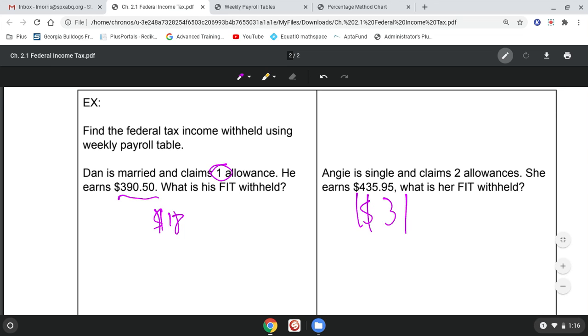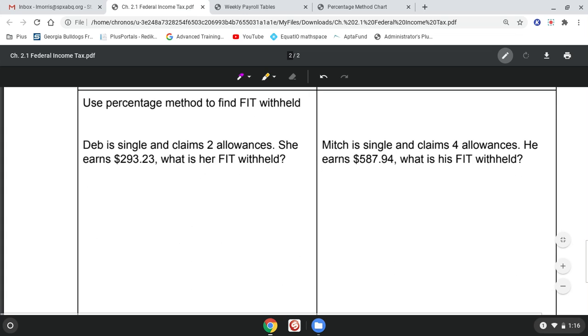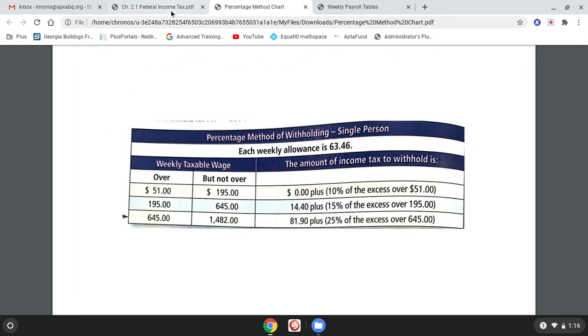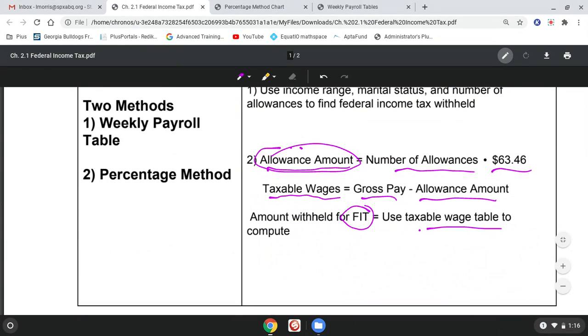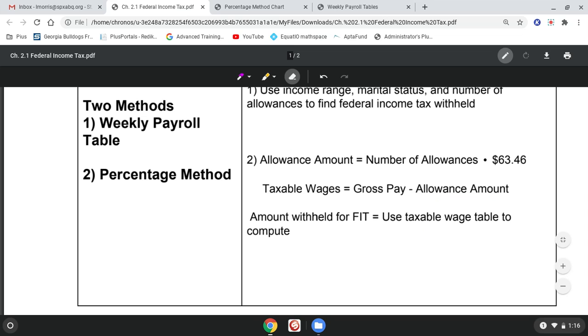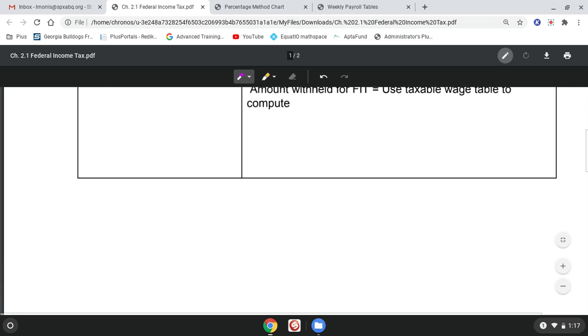All right, now let's look at the last two. This one's a little bit more complicated, but it shouldn't be too bad. For the first part, the first thing we need to do is find our allowance amount, and that's just the number of allowances times $63.46.